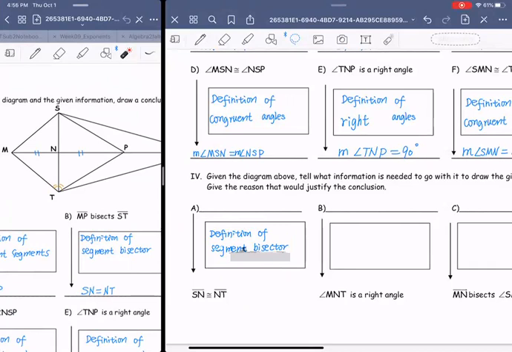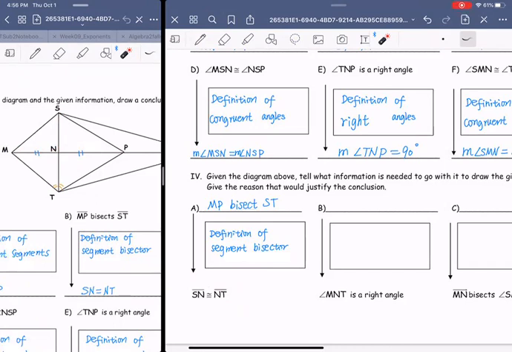MP bisects ST. This is the conclusion. If MP is the bisector, this guy bisects this, and it makes these two equal. Okay, continue.